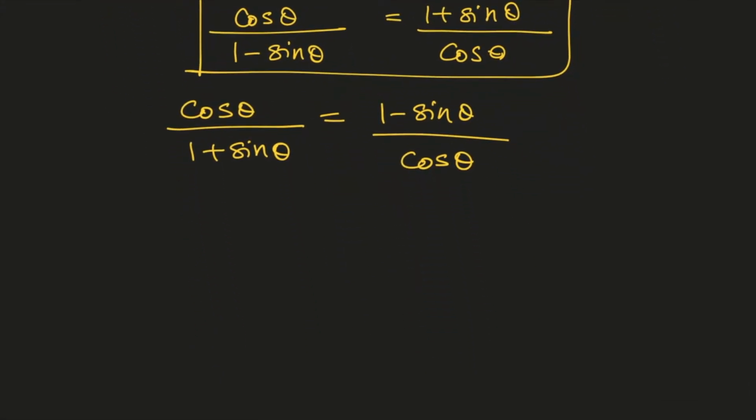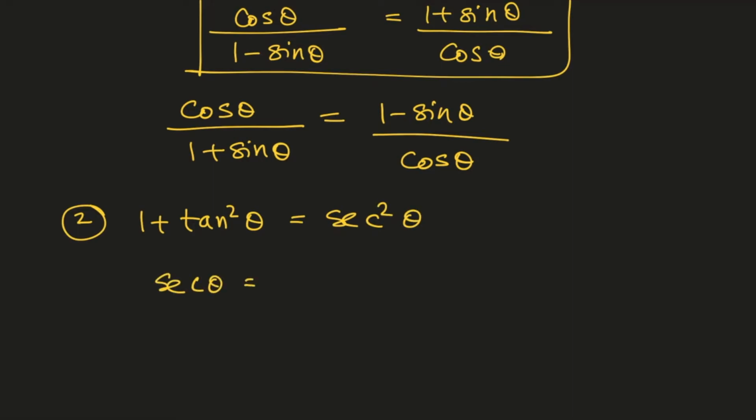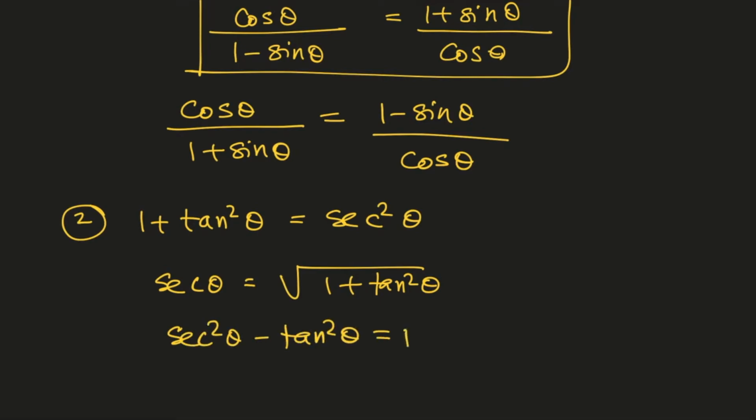Now when you come to the second result, that was 1 plus tan squared theta is equal to sec squared theta, right? So you can write sec theta as root over 1 plus tan squared theta. This is one thing you can write from here. Another thing is you can write sec squared theta minus tan squared theta is equal to 1.